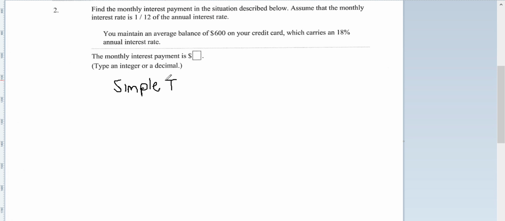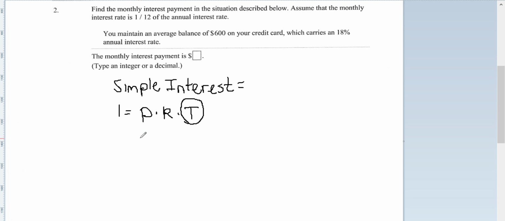If we needed the compound formula, we would look for a word in the problem telling us something is compounded. This is not, so the simple interest would be that the interest equals the principal times the rate times the time. And time is always given in years.